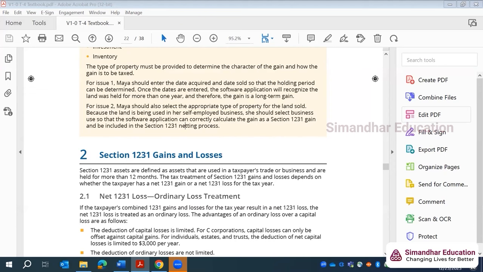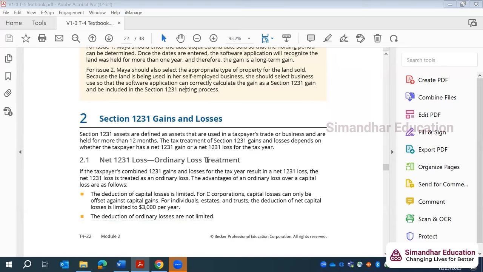One thing you all need to remember is that you are studying tax planning and compliance. For any section, any concept that we study here, we are trying to identify the tax implication of that concept. So why is it important for us to know whether a property is a section 1231 property or not?